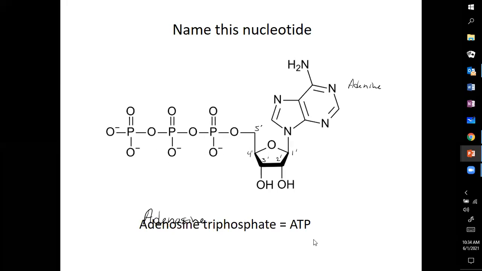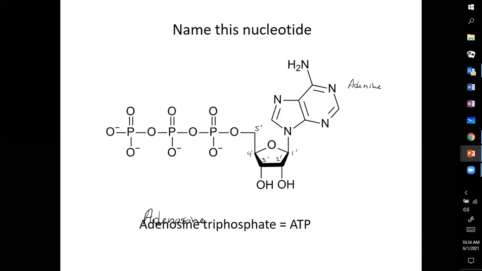If you look at all these negative charges, what do you know about charge-charge interaction? Negative charges don't like each other, they repel. So these bonds actually hold a lot of potential energy, and when we break these bonds, we can liberate that energy. This is how ATP acts as our biological energy.